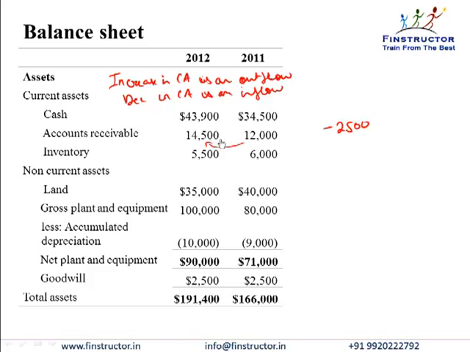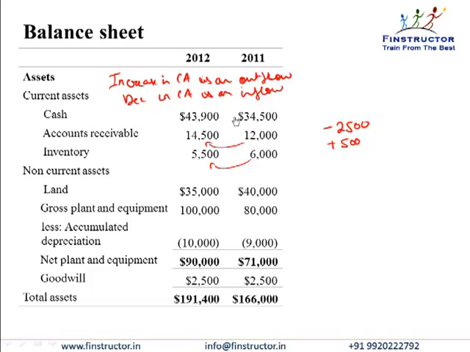That's why receivables have gone up. So $2,500 needs to be subtracted. If inventory goes down from 6,000 to 5,500, that means $500 worth of previous year's assets have been sold in this period. So the expense would have been recognized, but it was already paid in 2011. So in 2012, cash expenses were lower to the extent of $500.